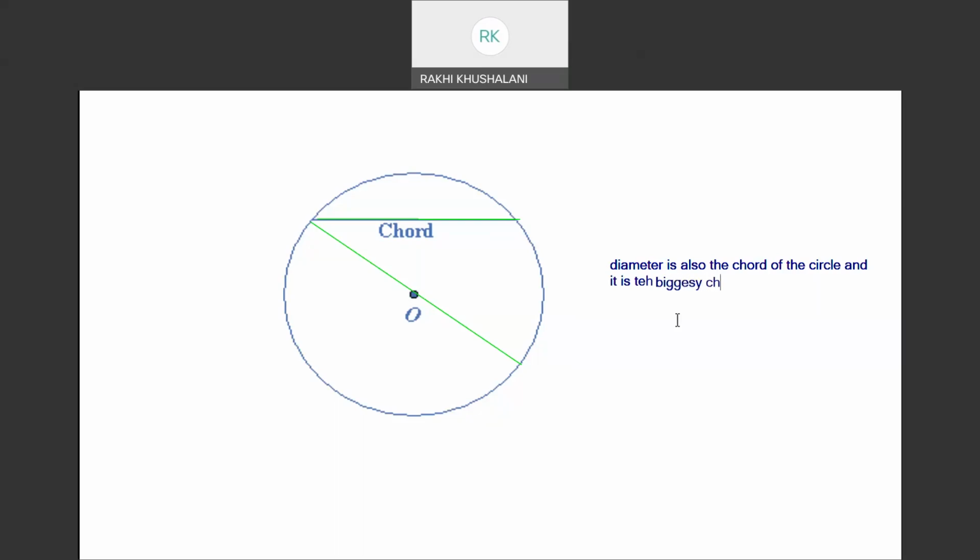We have done all this, children, the chord of the circle, but I'm just revising, and in the textbook also we have done this. Also, there is one point you need to know: when I'm making a diameter, I'm basically dividing the circle into two equal halves.